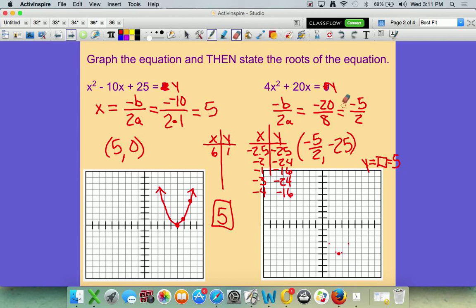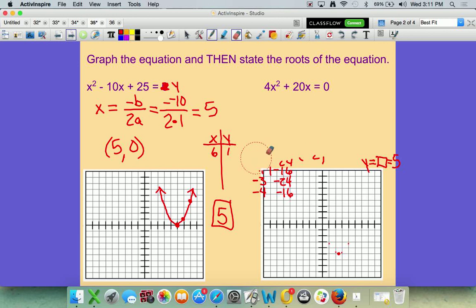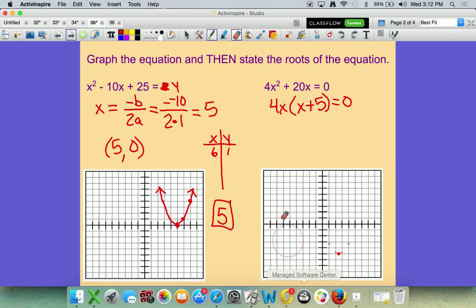Well, sometimes it's just simpler to do what we were doing on the last page. Because if we come back here and it says find the roots, that means find the x-intercepts, set it equal to 0, it already is, factor out what you can, and then we've got x plus 5 equals 0. That would be really good if I put the points on the right side. Negative 2.5, negative 25.